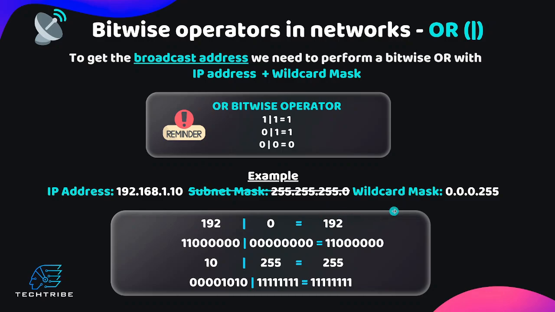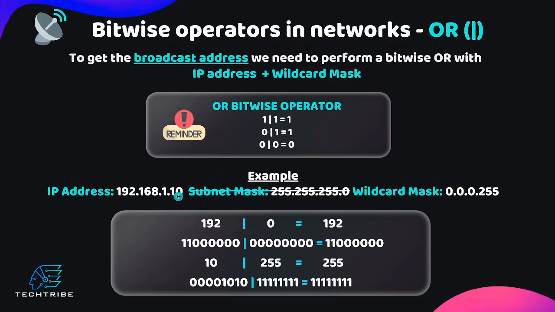Because it's an OR operation, you compare the first one with the first one, the second with the second, the third with the third, and the fourth with the fourth, right? And if we take the last one, which is 10, right here I have done it like that. You would have a different example with a different number.